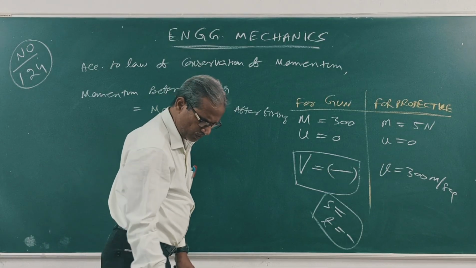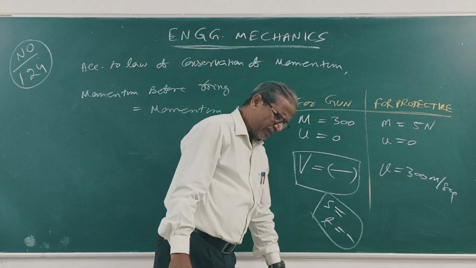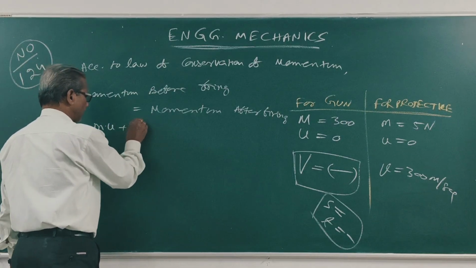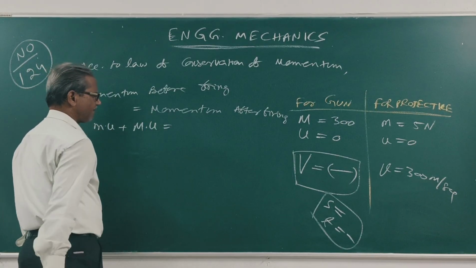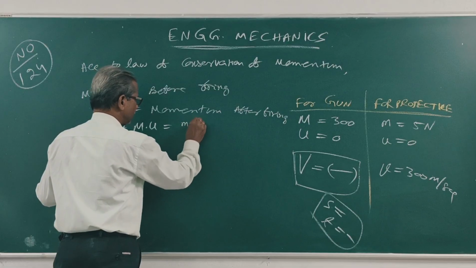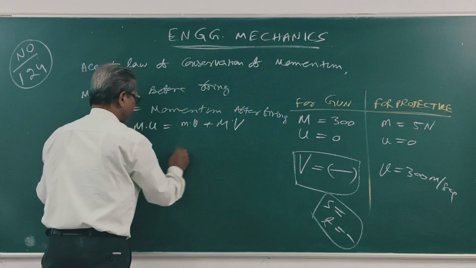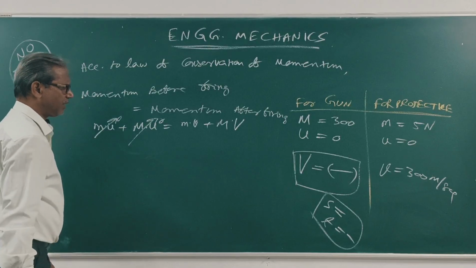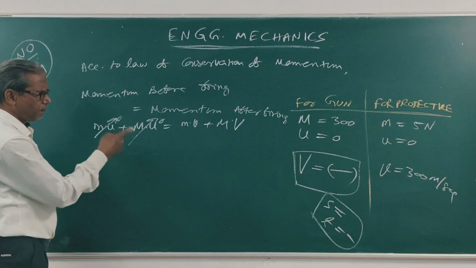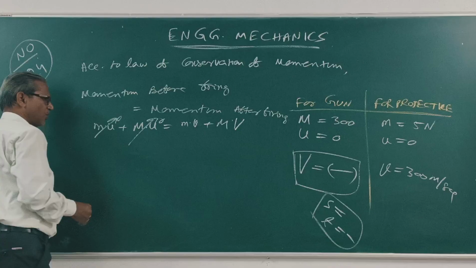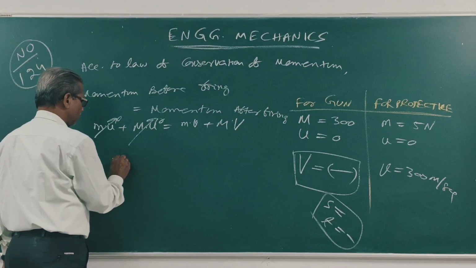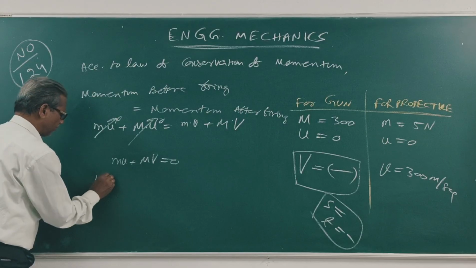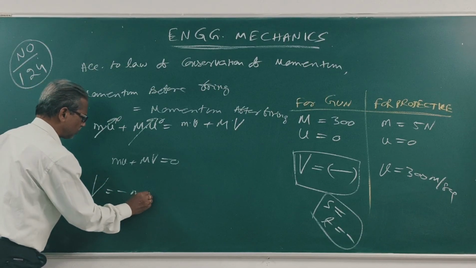Clear? So what is momentum before firing? Small m into small u plus capital M into capital U is equal to, after firing, small m into small v plus capital M into capital V. This is 0, this is 0. Right? So what is mv equal to? Small m v plus capital M V is 0. What is capital V equal to? Minus small m v by capital M.